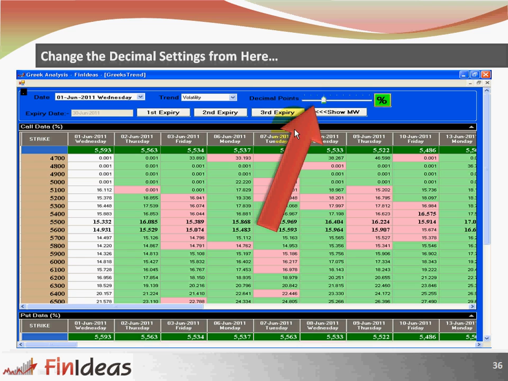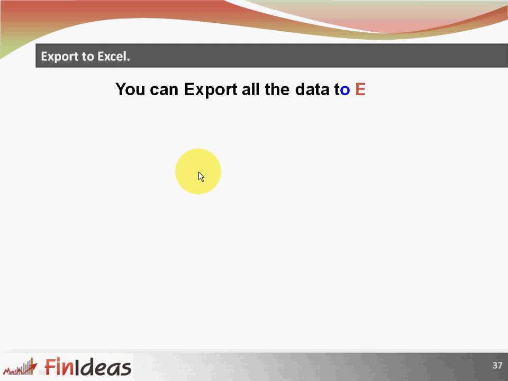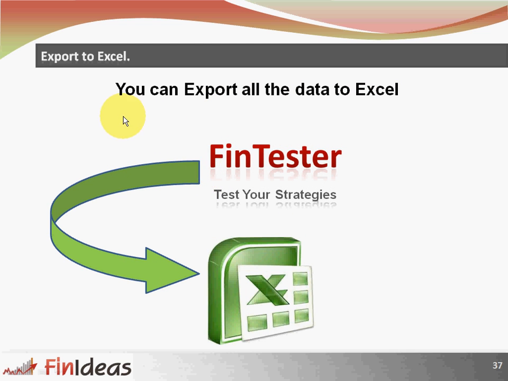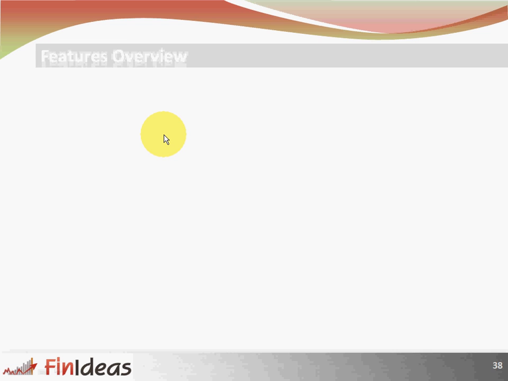You can change the decimal setting just by moving this button. You can export all the data to Excel just by copying all the data and you can paste it in Excel.